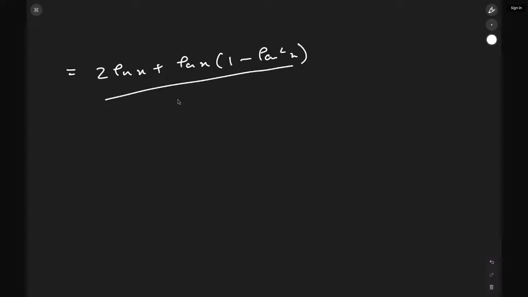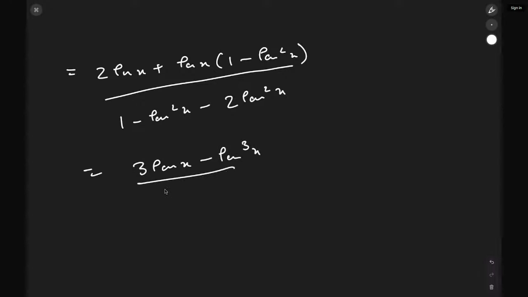So we will be left with what? 2 tan x plus tan x times 1 minus tan square x, whole divided by 1 minus tan square x minus 2 tan square x. So 2 tan x plus tan x will be 3 tan x minus tan cube x, over 1 minus 3 tan square x. Alright.